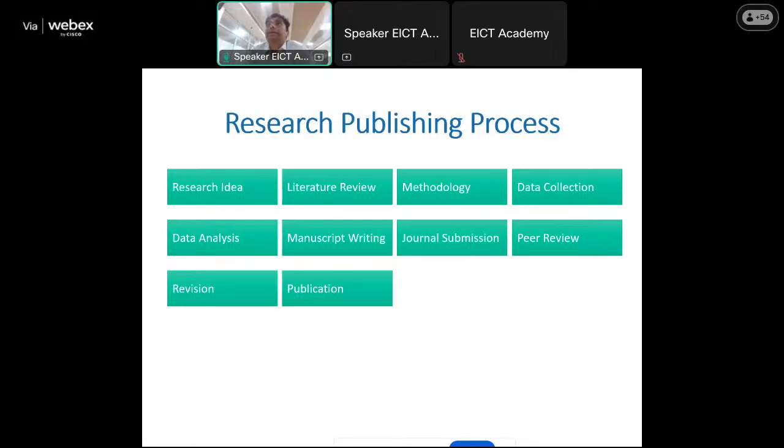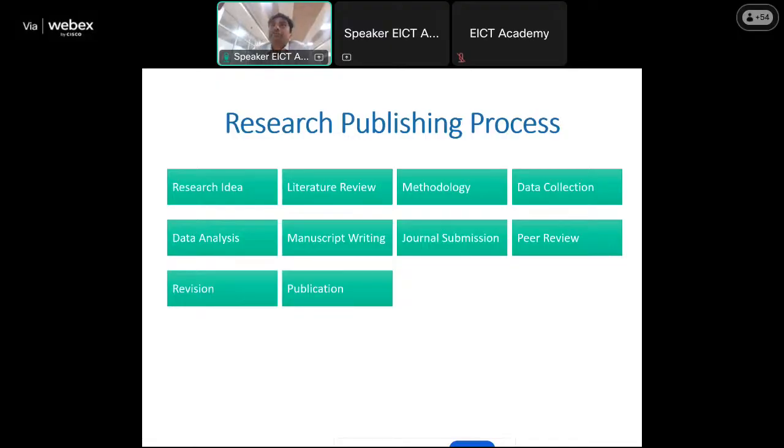Then you need to understand the methodology, what methodology you want to adopt in order to fulfill your research idea. Then if it is related to data, then you need to go for a data collection and you need to go for a data analysis.